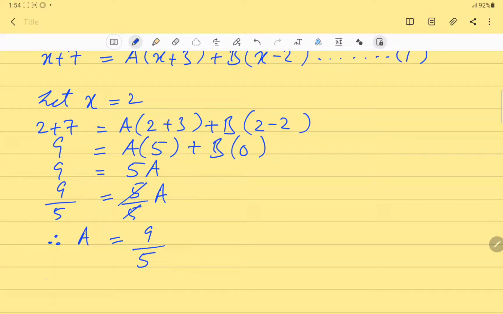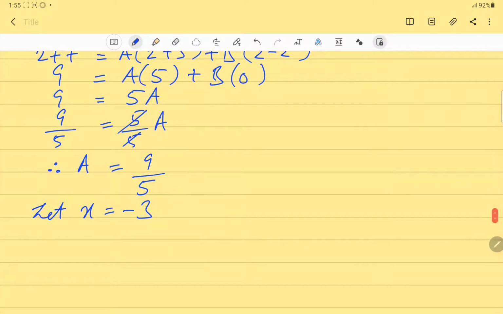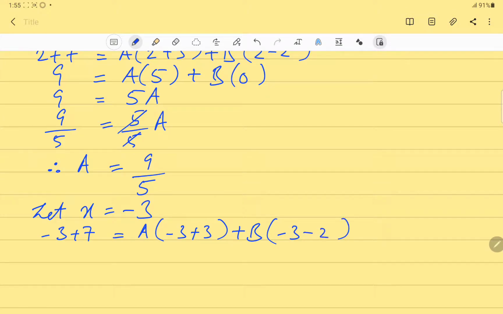The second time we will assume x is equal to minus 3. In that case the equation will become minus 3 plus 7 is equal to A into minus 3 plus 3 plus B into minus 3 minus 2. So 7 minus 3 will be 4.